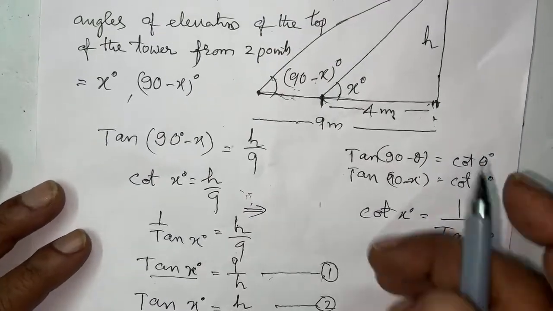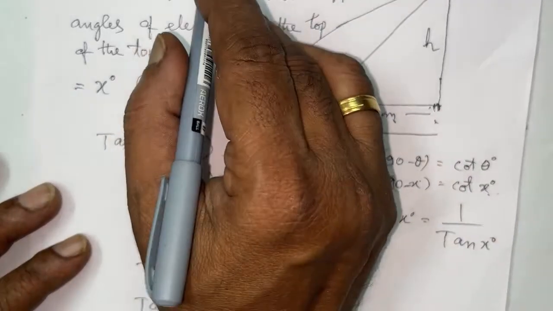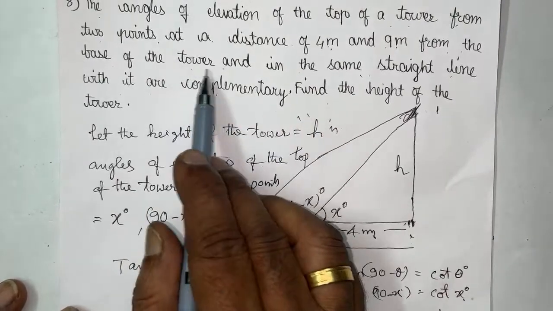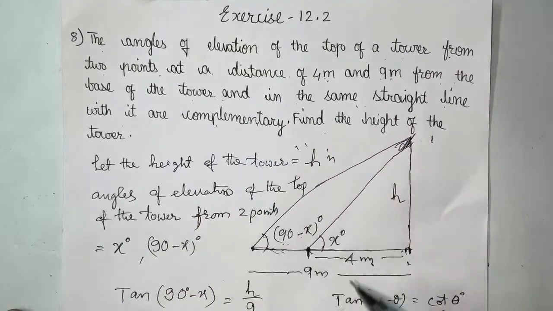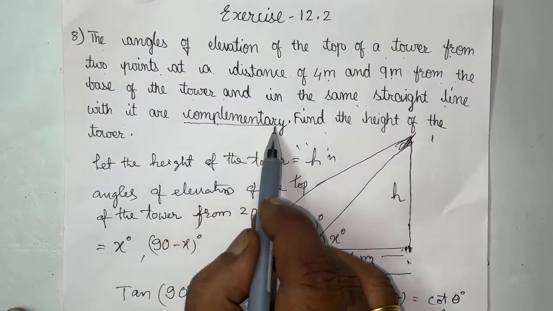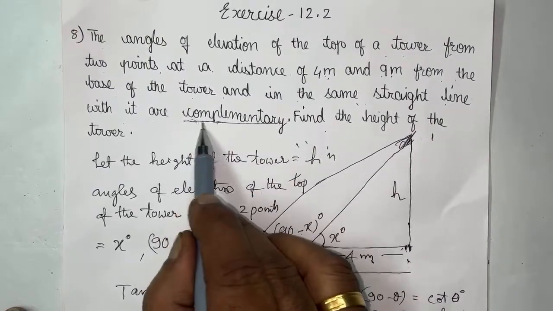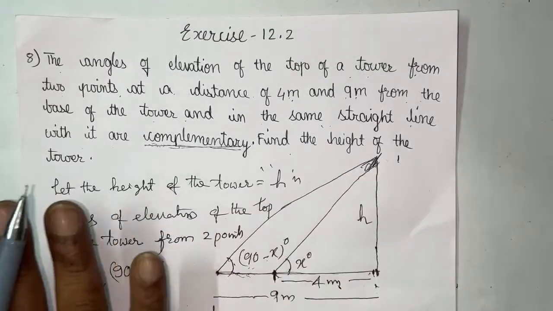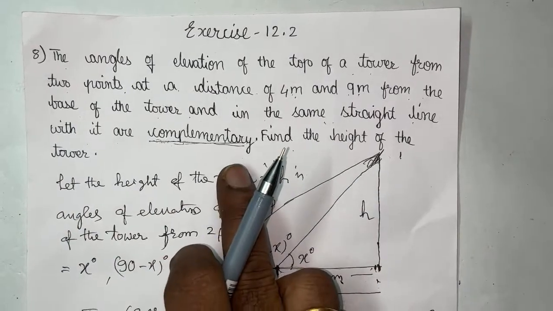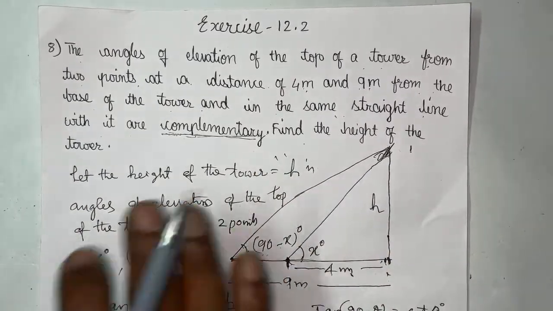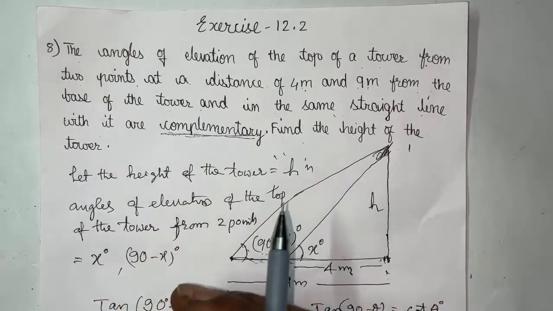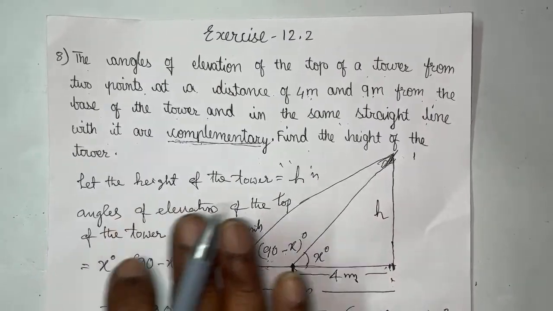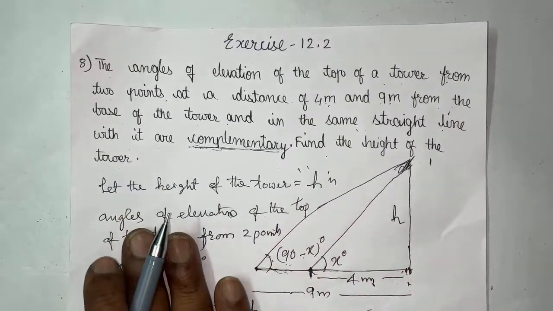Here is one interesting point to take: whenever the question does not clearly say what the angles of elevation are, and says complementary pair, one is x degrees and another one is 90 minus x degrees.